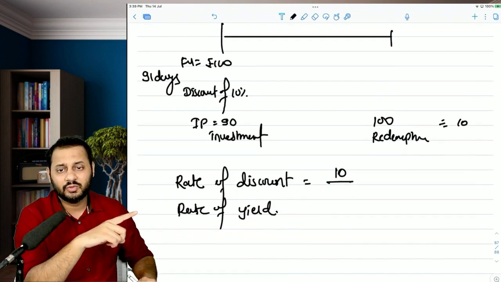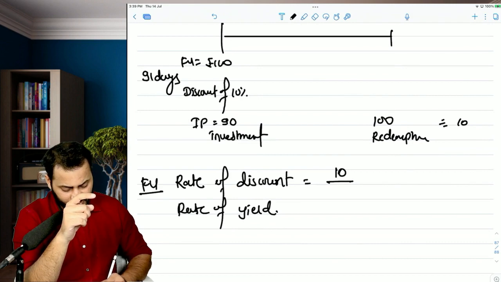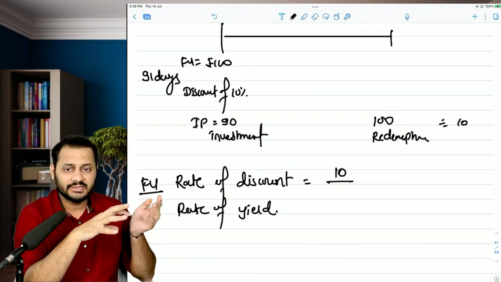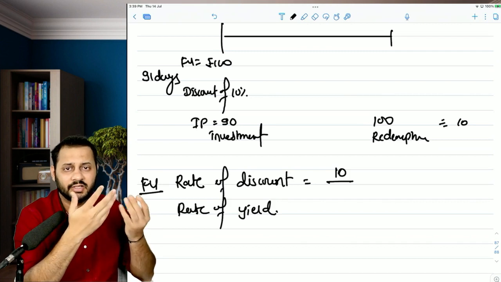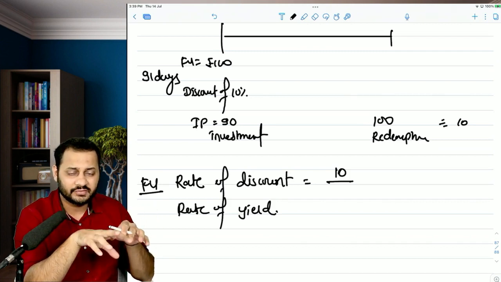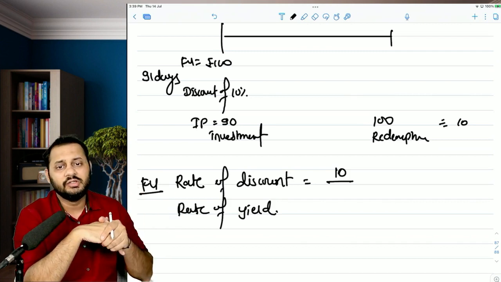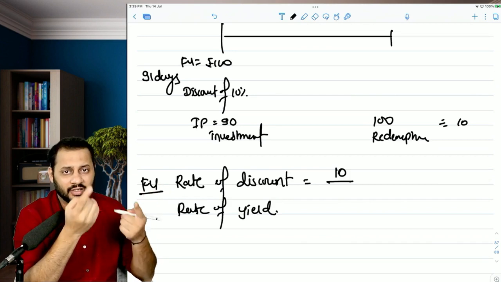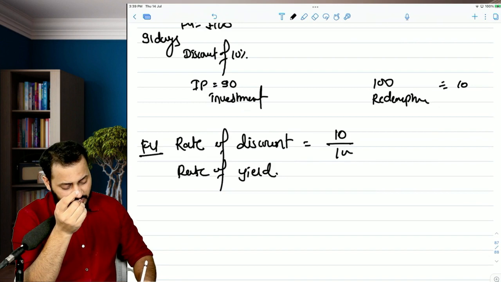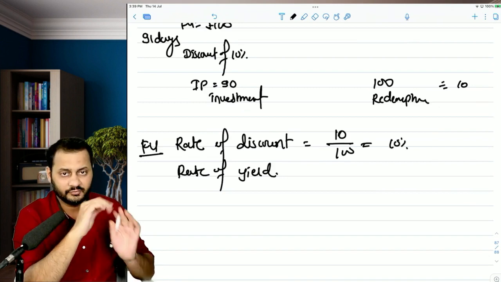It will be calculated on the face value. From the company's angle, they are issuing a bond in the market or a treasury bill or any kind of an instrument in the market at face value, but at a discount of 10%. So that 10 rupees discount was given on 100. So that's how discount is calculated, right?